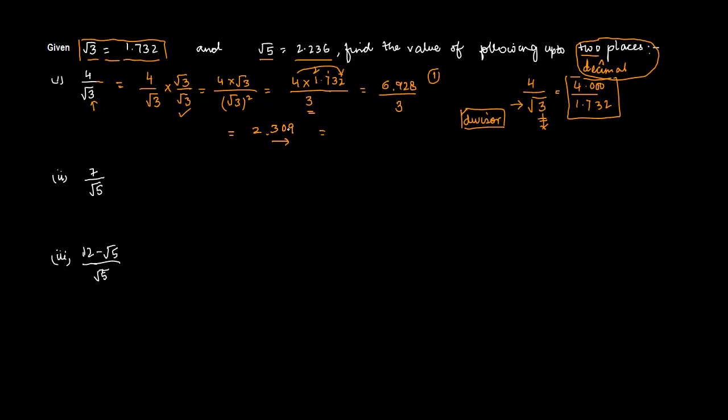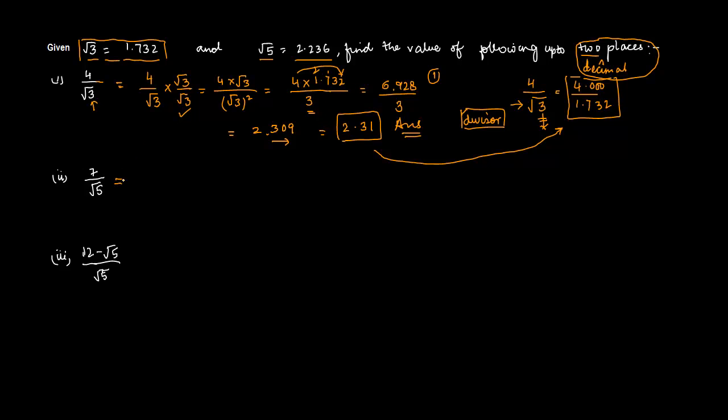Here it is 3 decimal places, so we can just round off, and we get 2.31 as the answer. This answer you could have also got by dividing 4.000 by 1.732, but the calculations would have been much more difficult, right?